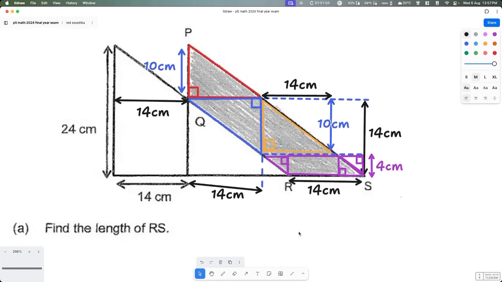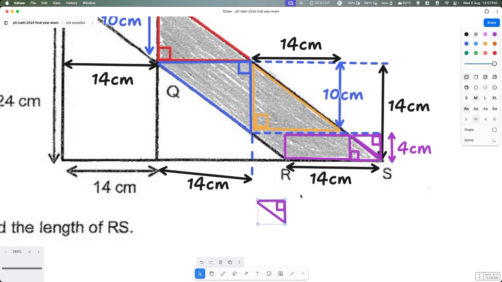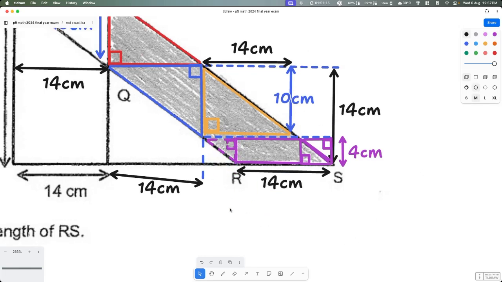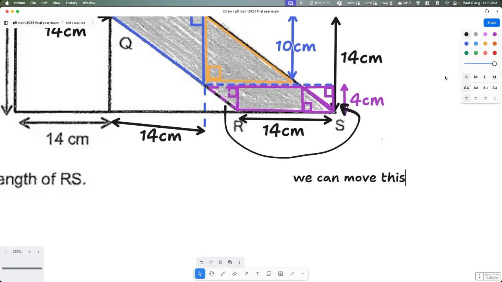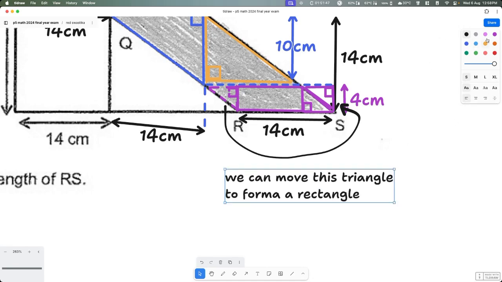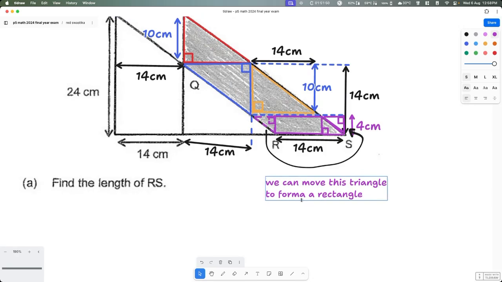Okay, in this case, so what is the rectangle area? Okay, over here. So we can actually put this whole thing as dotted lines. This whole thing, we can move it. Let me make this small, move it here. Yeah, something like that. So we move it here. Okay, so we can move this triangle, make it purple, to form a rectangle.